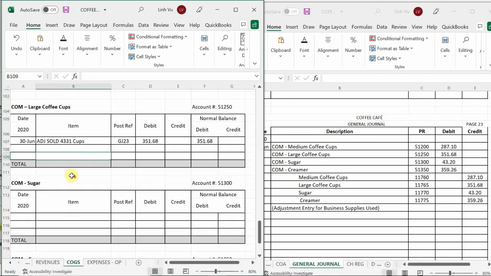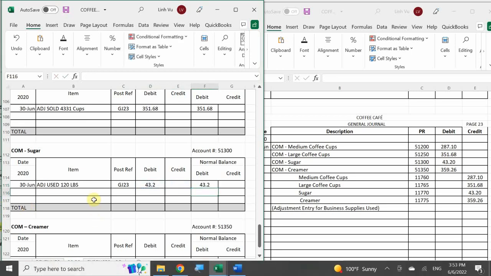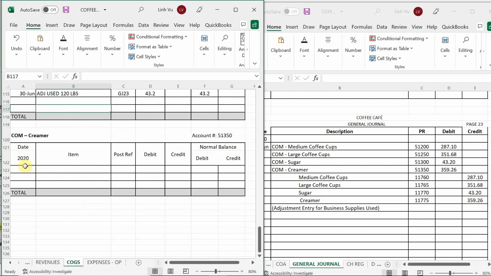And we also need to adjust our sugar, right? So adjust, used 120 pounds, which gave us a total of $43.20. And last but not least, cost of materials for the creamer.